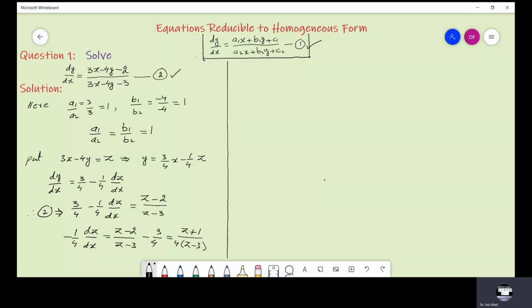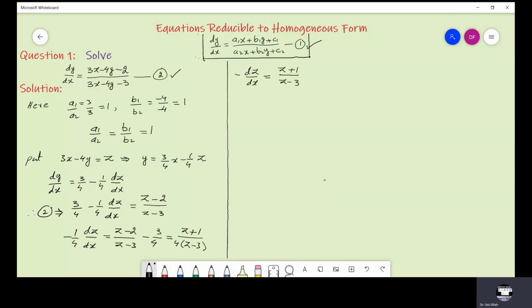Cancelling 4 from both sides, we have minus dz/dx is equal to (z plus 1)/(z minus 3). And now it is a separable equation.